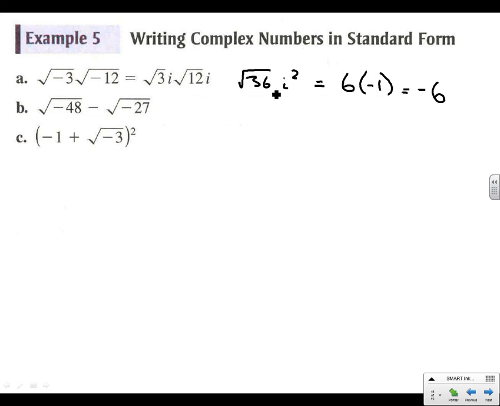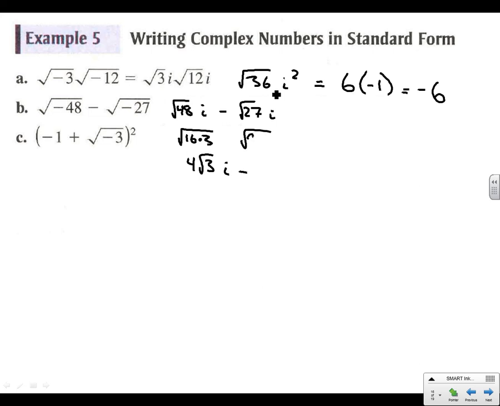Let's take a look at the second one here. We've got root 48, and get rid of the negative by pulling the i out, minus root 27, pull the i out. And let's see if we can reduce this at all. 48 could be 16 times 3, so that's going to be 4 root 3 i, minus, let's see about 27.